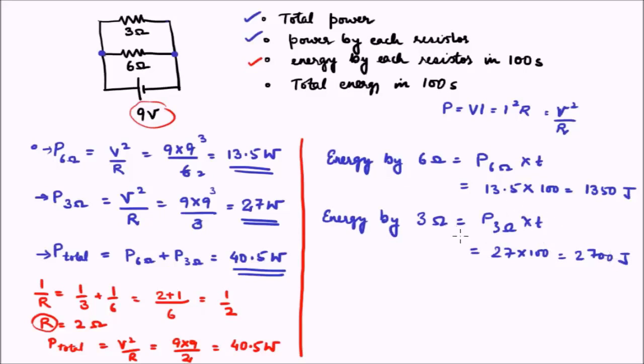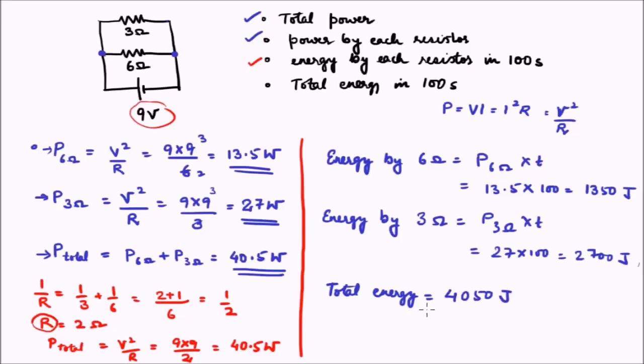The lower resistance is using more power and as a result more energy. Why is it so? Think about it. And finally, the total energy, we can either just add them up or we can use the total power and multiply it by 100.